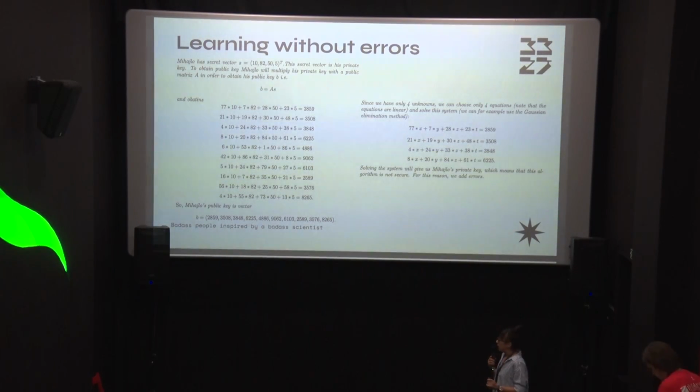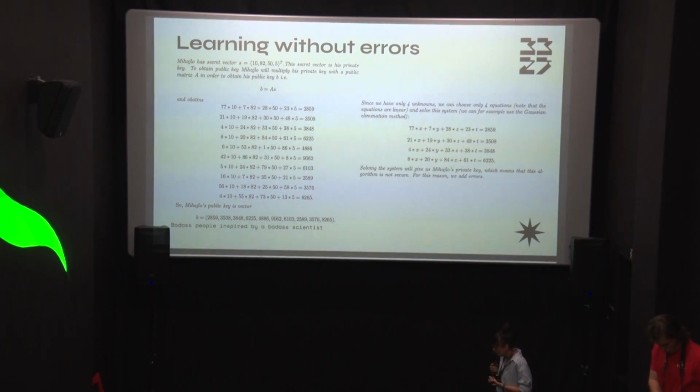But now, if someone wants to solve this problem and find the private key from the public key, he needs to solve a system of linear equations, and the unknowns here will be x, y, z, and t. So we will obtain 9 equations and 4 unknown variables, okay?